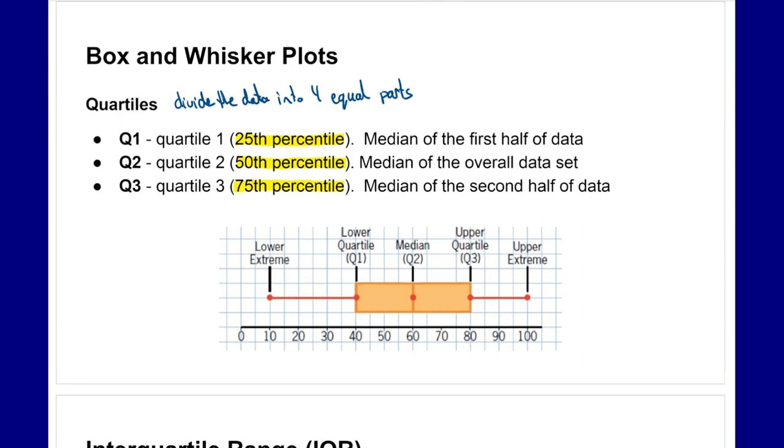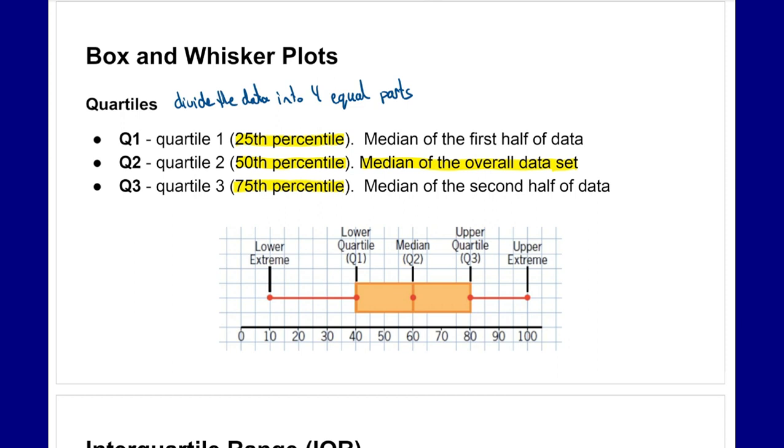Now we've already calculated Q2 before because Q2 is essentially the median of the overall data set. If it's the 50th percentile, it means 50% of the data is above, 50% of the data is below. That is our median. That's our middle value. We could characterize Q1 as basically saying the median of the first half. So if the first half of data is 50% of it, then the middle would divide it into equal 25% parts, or the 25th percentile.